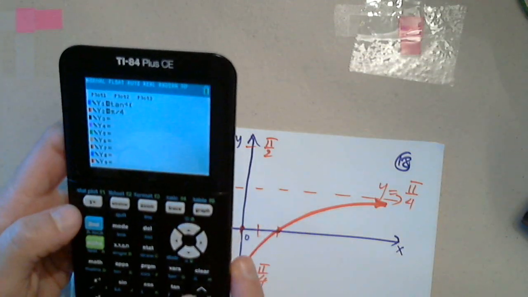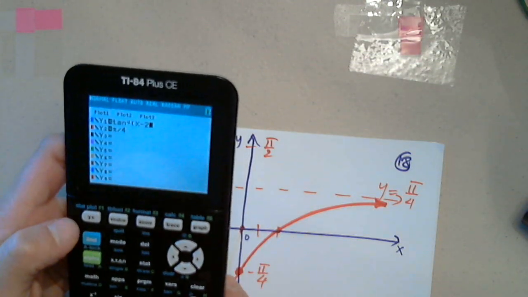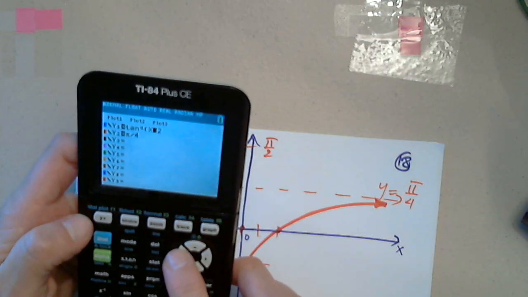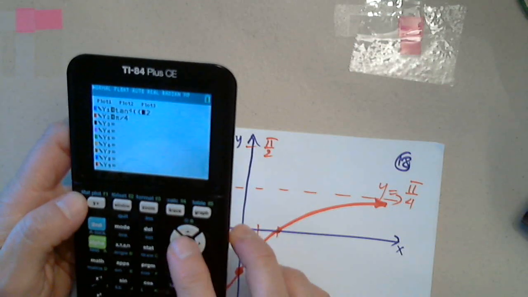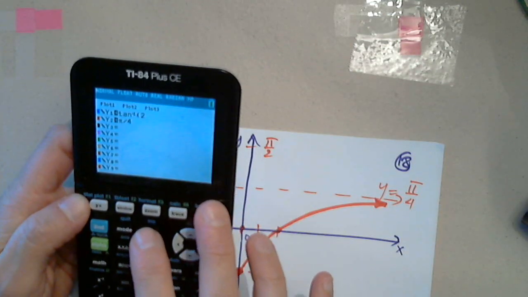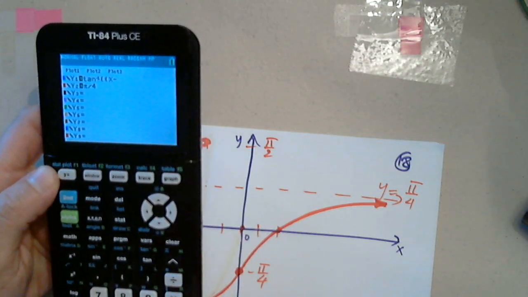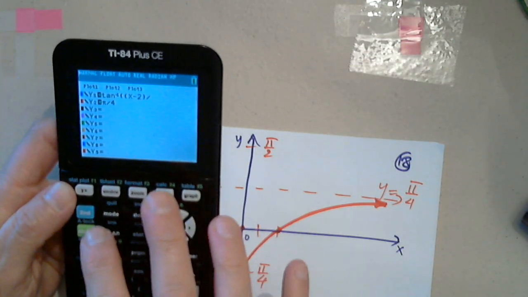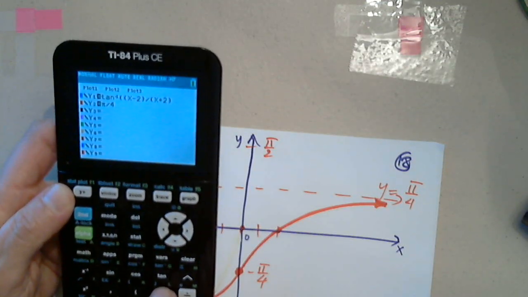X minus 2 over x plus 2. I think it needs 2 sets of parentheses. I'm going to put 2 sets of parentheses. X minus 2, close, divided by, in parentheses again, x plus 2, close the parenthesis.